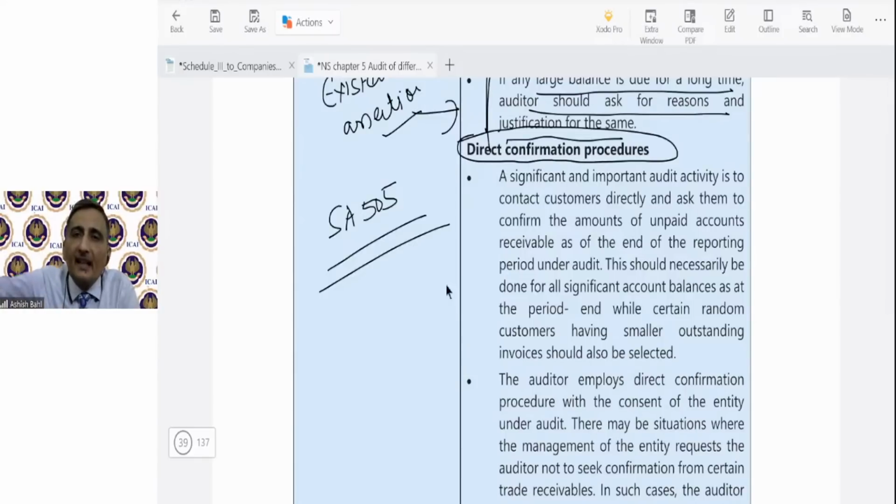Say I sent a confirmation request to Mr. X, who is a debtor of the company, and I get a response. So the first comfort that I would be getting is that Mr. X exists, that this debtor is genuine, it is not fake. Okay.